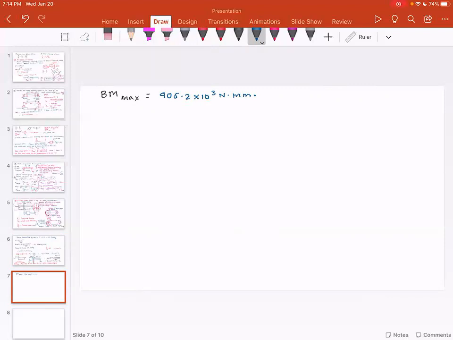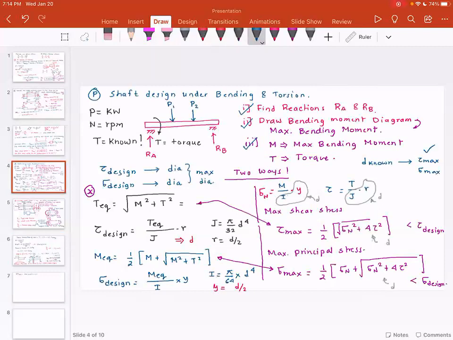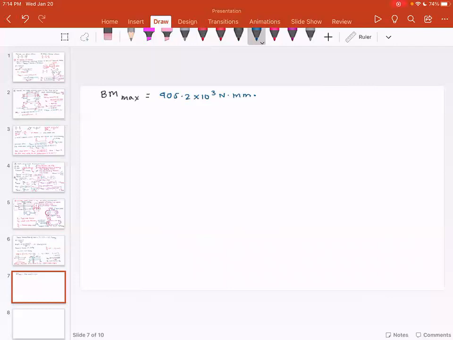Now I'm going to follow the procedure which is shown on the left hand side. I will find out the T equivalent. T equivalent is square root of T square plus bending moment maximum square, and my answer is 936.18 times 10 to the power 3 Newton millimeter.